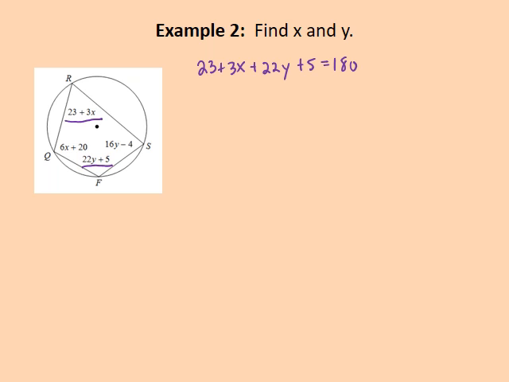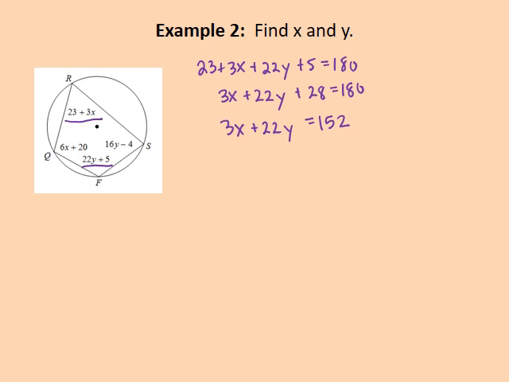Now I'm going to simplify this before I do anything. So I have 3x plus 22y plus 28 equals 180 degrees, so 3x plus 22y equals 152.